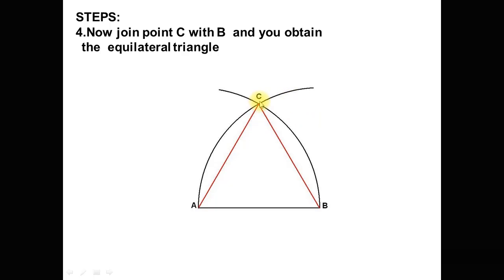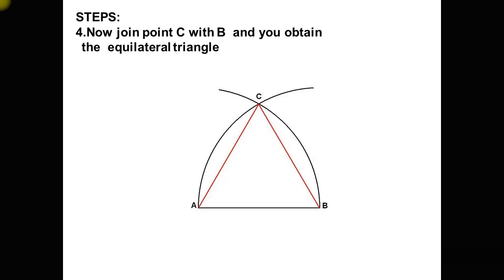These two arcs intersect each other at point C. Then join the point C to point A and point C to point B. You will get the equilateral triangle.